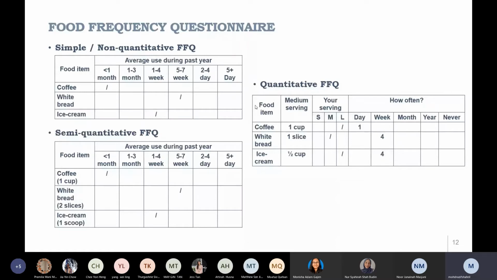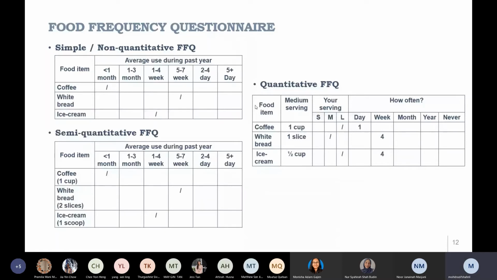And then the most accurate is quantitative FFQ, where we have an additional column for each food item. You have the serving size, and we ask them what their serving size is compared to the reference given. The reference is medium. So if they consume more, they will have to take large as the serving size.